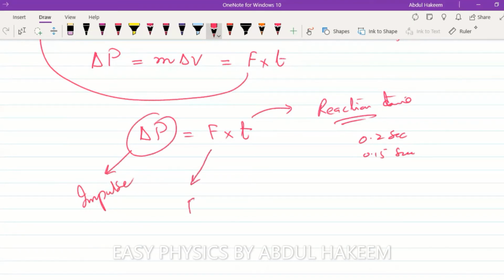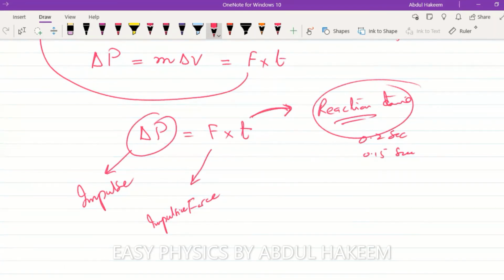And the unbalanced force is called impulsive force. But the condition is the time must be close to your reaction time, either equal or smaller than this. Then the change of momentum is the impulse, and the force is called impulsive force.